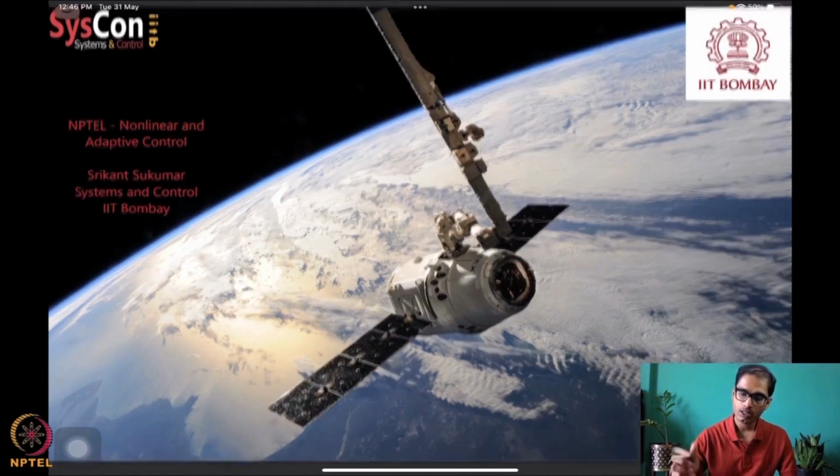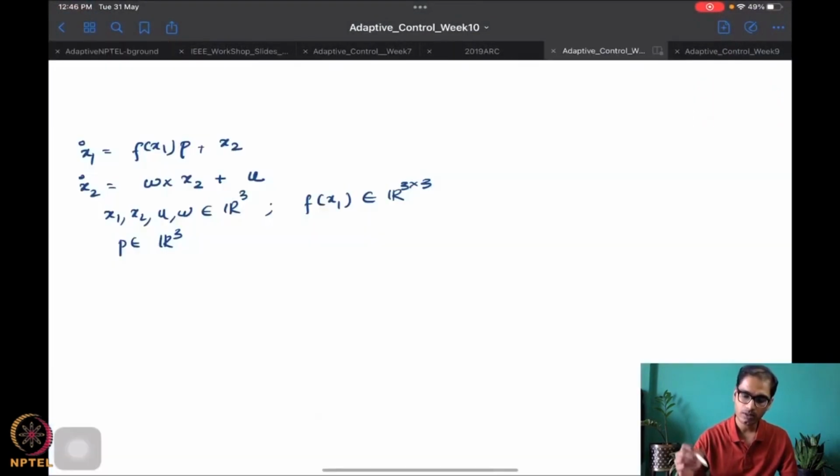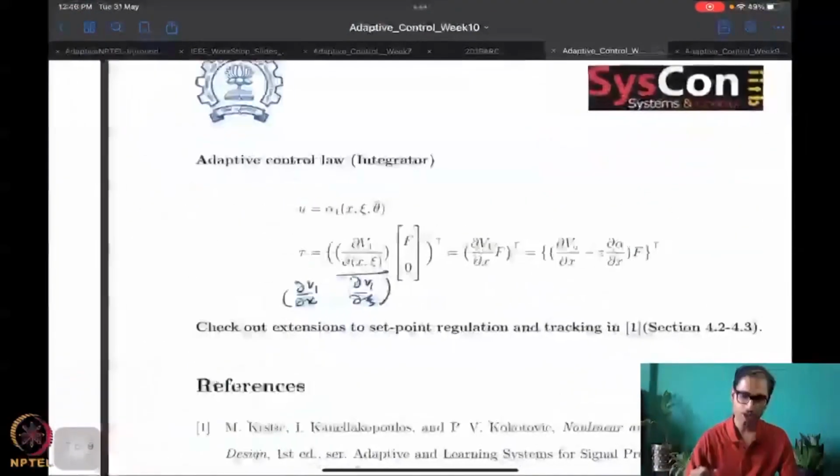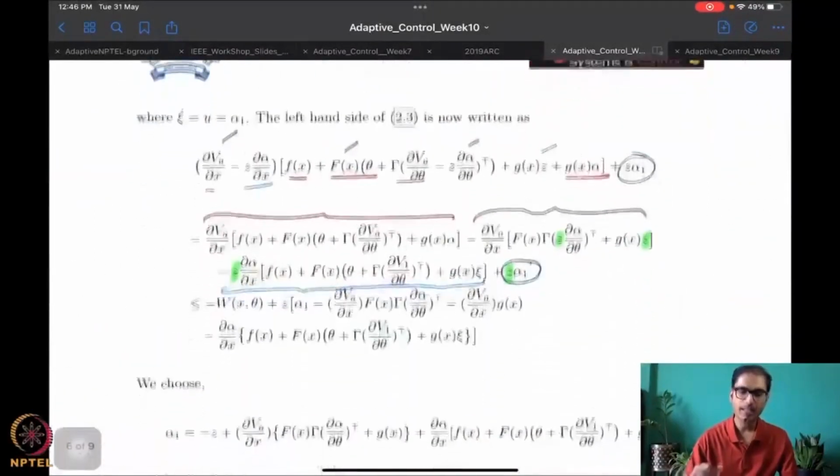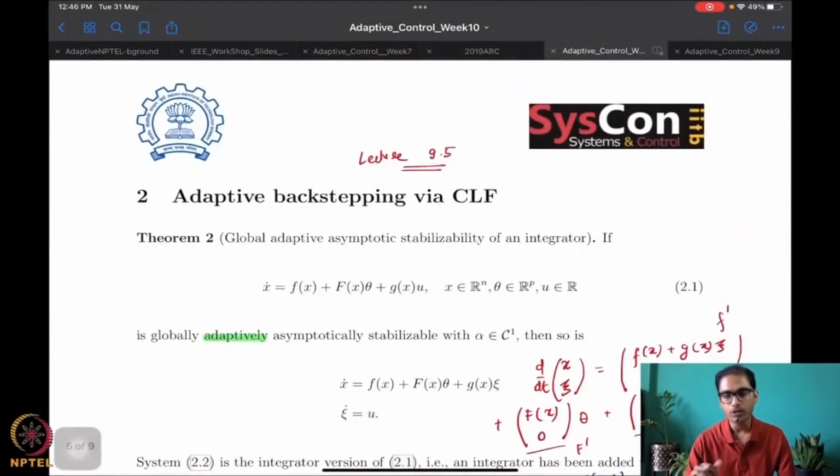So what we did last time was essentially the tuning function method for designing adaptive backstepping laws, right? So we essentially saw that having an ACLF for a system of the form 2.1 implied immediately that we could construct an ACLF for a system of the form 2.2, which is essentially an added integrator layer, right?